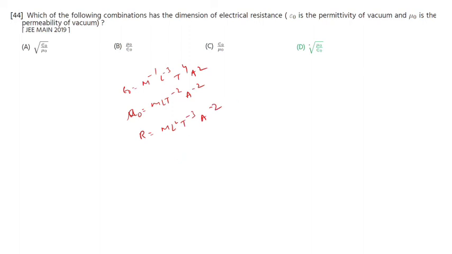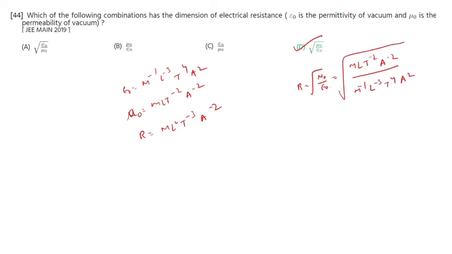So now if you simplify, you will be getting R is equal to square root of mu naught by epsilon naught. So substitute mu naught M L T power minus 2 A power minus 2, epsilon naught M power minus 1 L power minus 3 T power 4 A square, under root.